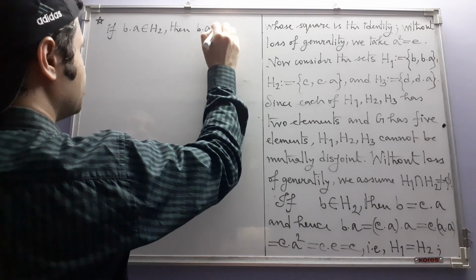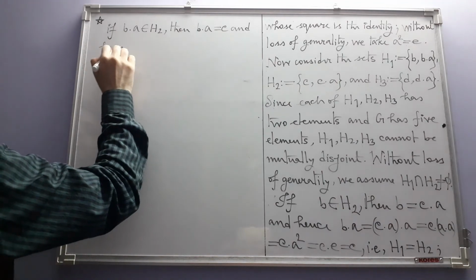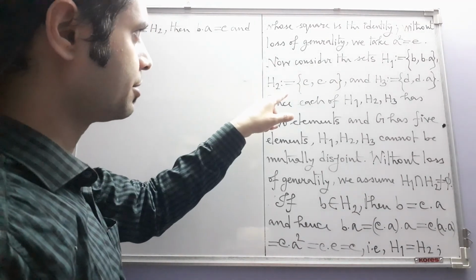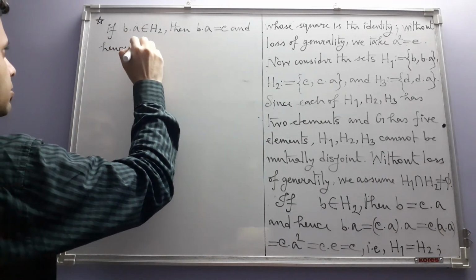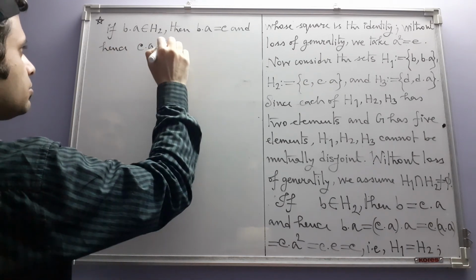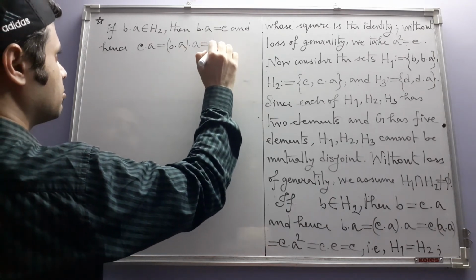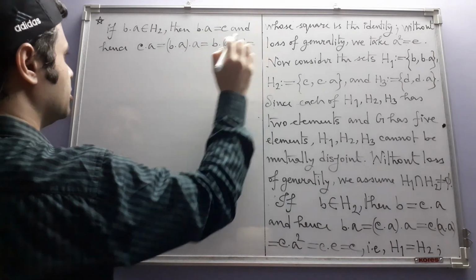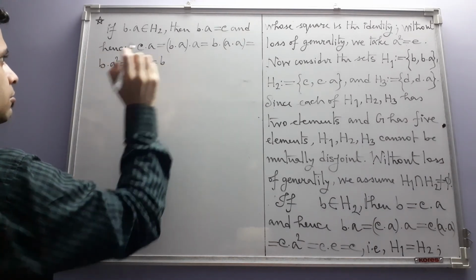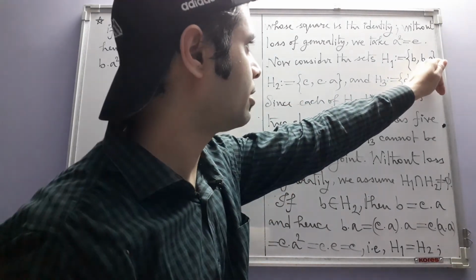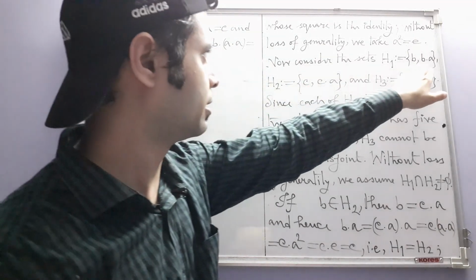So we must have B dot A equal to C, and hence B dot A is equal to C. Now if we want C dot A, then we write C dot A and just like before we will have this to be equal to B. So in this case also, if B dot A belongs to H2, then let us see what we are getting is correct or not.